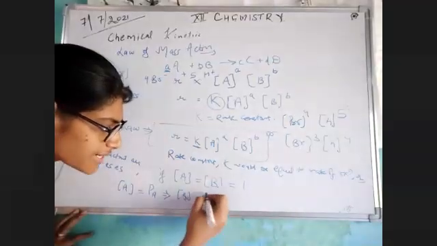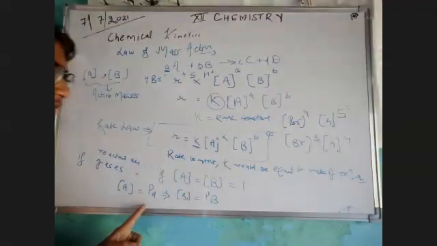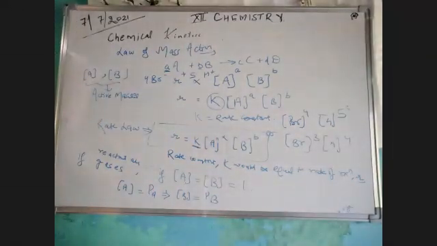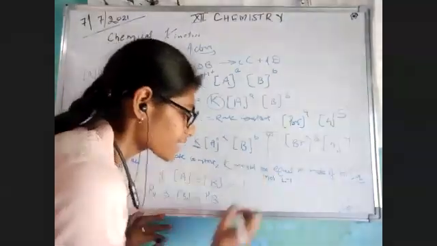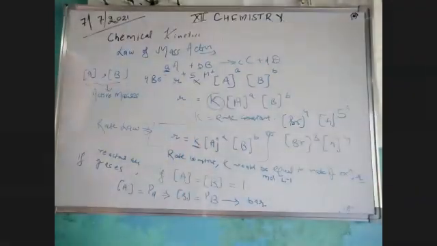You have studied this in chapter 2, Solutions also, that concentration could be represented as the partial pressure of that particular reactant. So if it has the unit mole per liter, it could be replaced by bar. So this was all about the law of mass action and the rate constant.